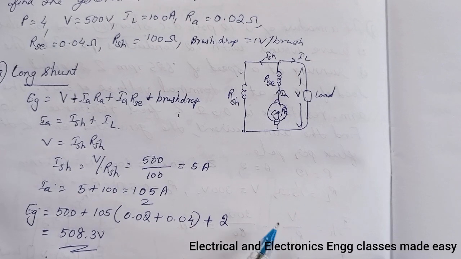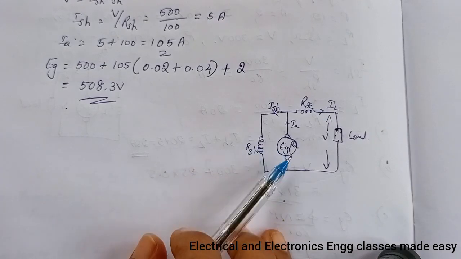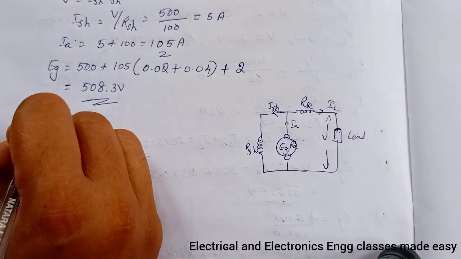Now we have to draw the diagram for the short shunt. So this is the diagram for the short shunt generator.